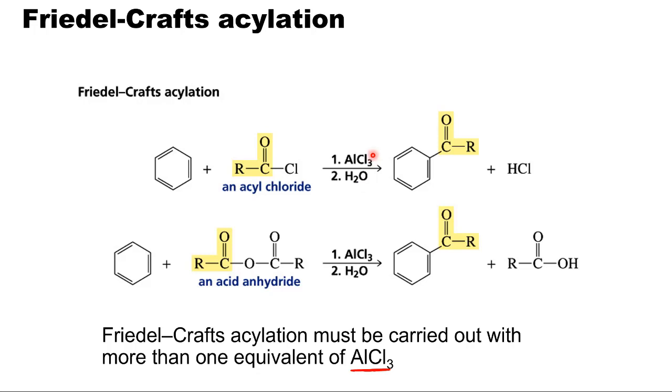The first step is the aluminum chloride, and it forms an acyl group. The acyl group is a carbon with a double bond to an oxygen and an alkyl group on the other side. The same thing happens when you use an anhydride, and you attach an acyl group. Typically a symmetric anhydride is used.